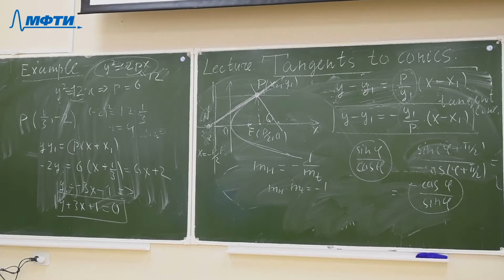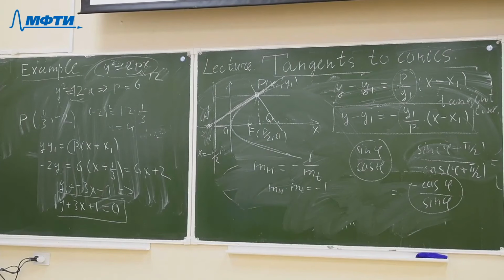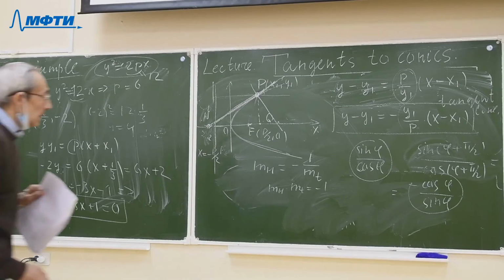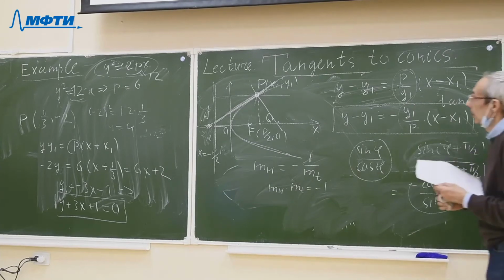Any question? Yes, I have two questions. One is why y minus y1 is equal to p over y1, and y minus y1 is equal to minus y1 over p. Okay, I repeat my explanation.